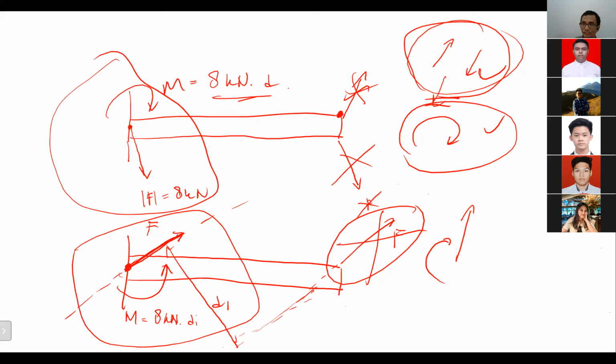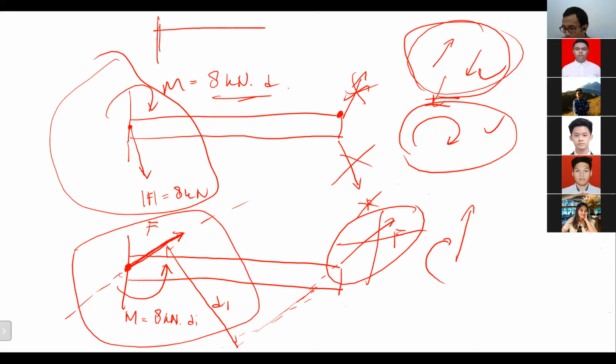We will produce a moment. Moment or couple is just the same. So even in the original exertion of force, it already has a couple from the start? No, not yet. Don't make that kind of assumption.